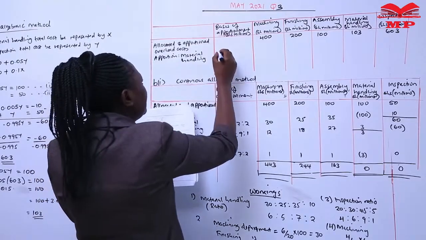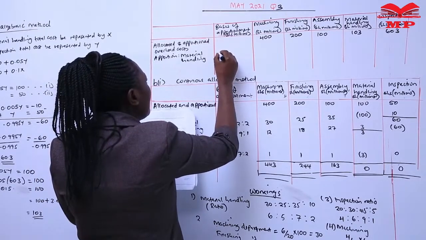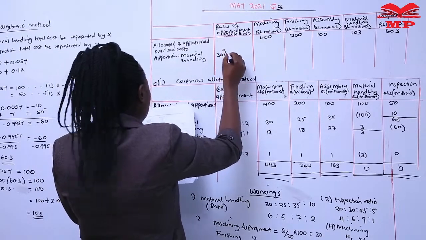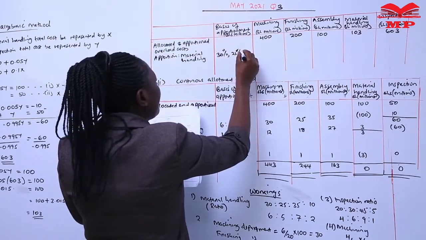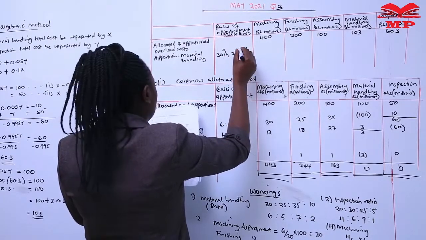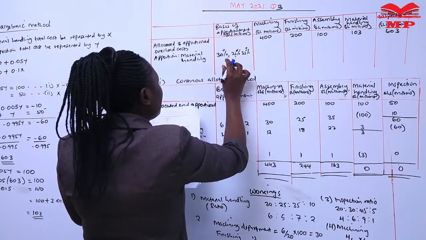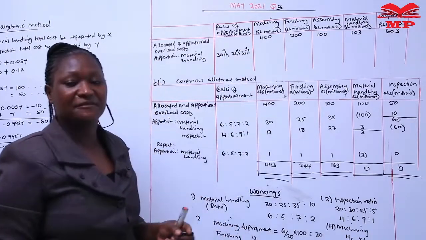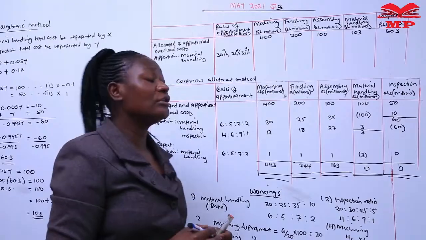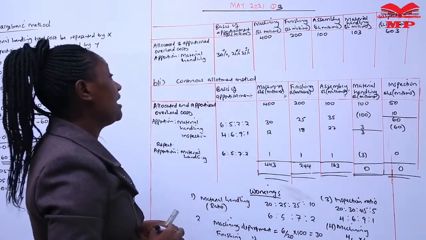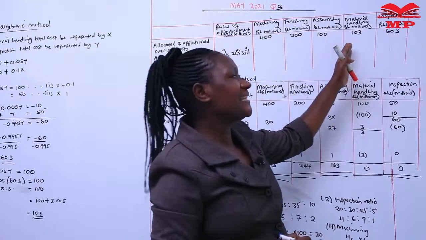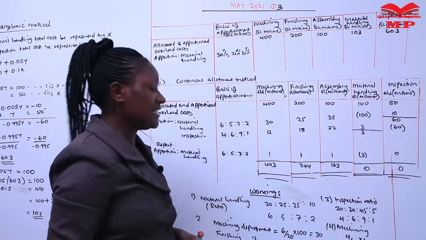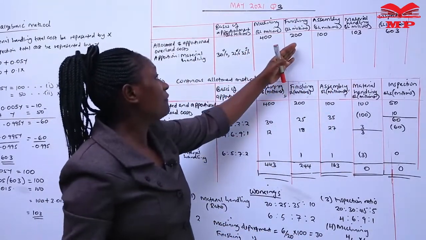For material handling to machining we'll use 30%, 25%, and 35%. We are apportioning only to production departments. So we are to apportion 103 using these percentages.